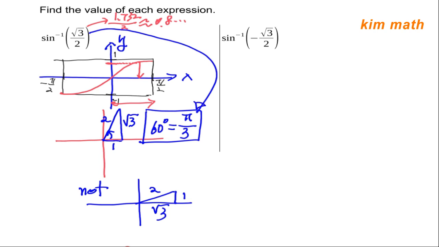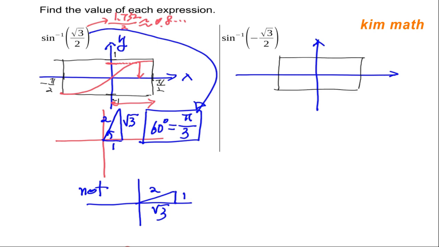Okay. Now with the same picture but a different value, let me sketch one more time. X-axis, y-axis. I will draw a grid box. This is negative pi over 2. This is positive pi over 2. This is 1.